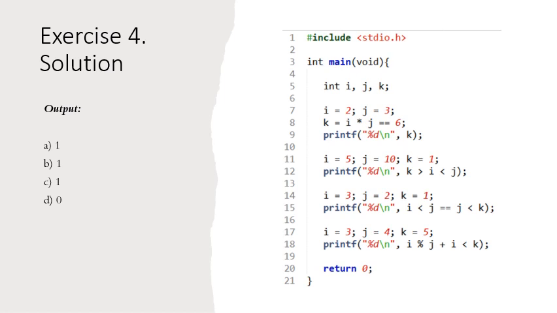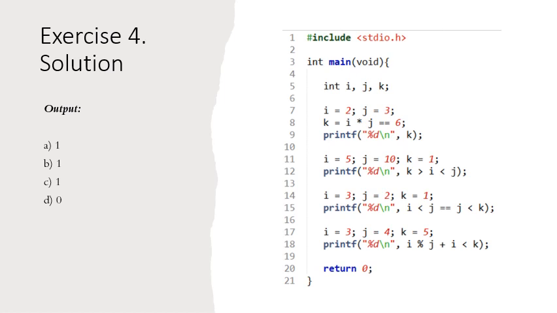And now, what about line 14? Assuming we have i = 3, j = 2, and k = 1, we want to test the expression in line 15: i < j == j < k. Relational operators, i < j and j < k, have higher precedence than the equality.